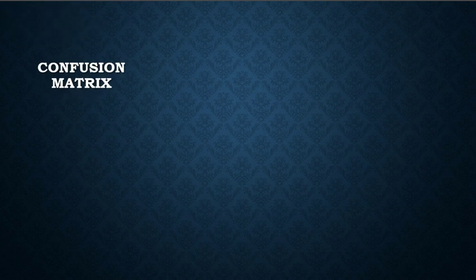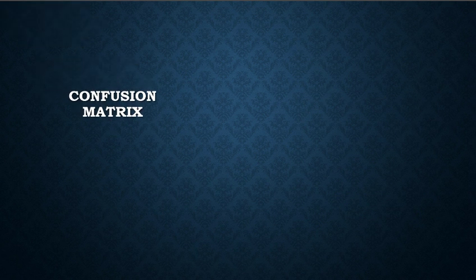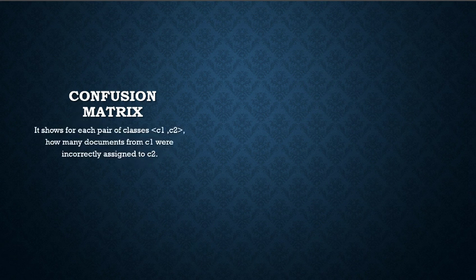An important tool for analyzing the performance of classification for more than 2 classes is the confusion matrix. The confusion matrix shows for each pair of classes C1, C2, how many documents from C1 were incorrectly assigned to C2.